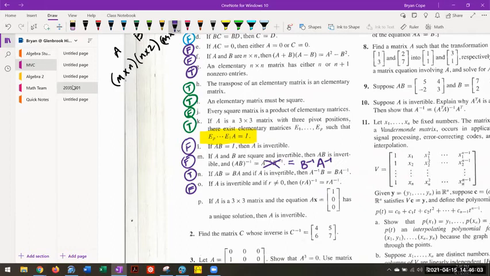That's not the only requirement for an invertible matrix. But wait a second. If AX equals 0 has a unique solution, how many pivots will we have in A? 3. Wait, it's not AX equals 0. You know what I mean. AX equals that. Sorry, I said that wrong. Then A has to have 3 pivots. So there's not going to be any free variable, right? So I think this is true.